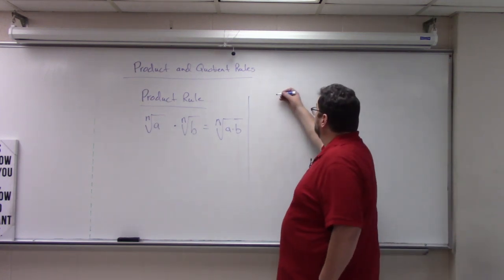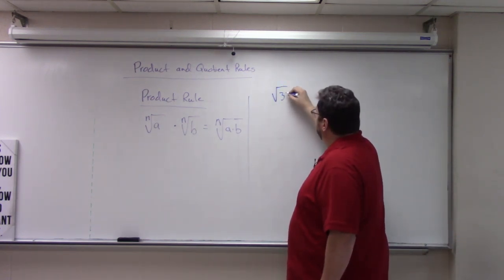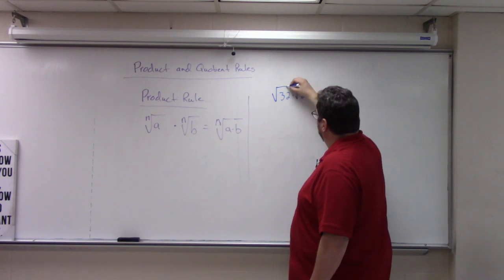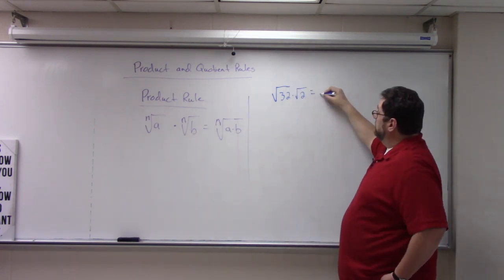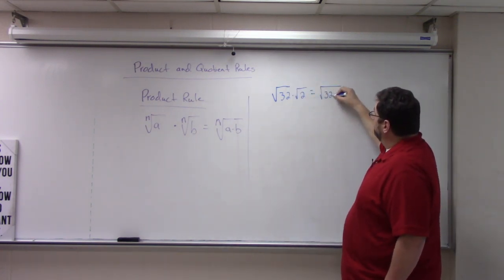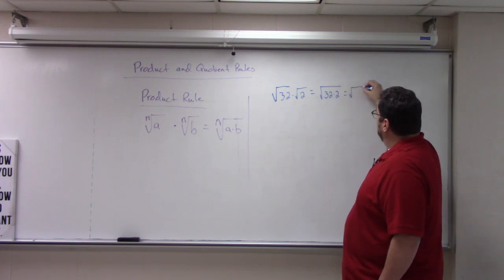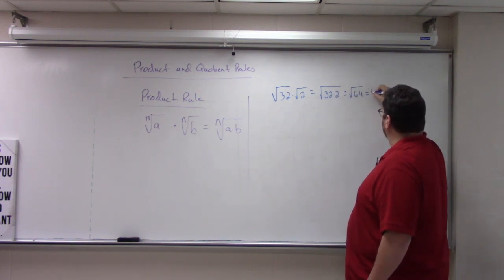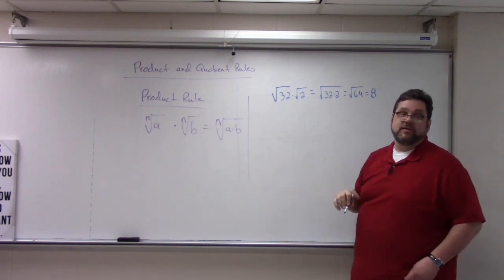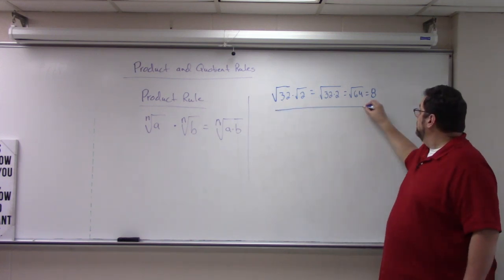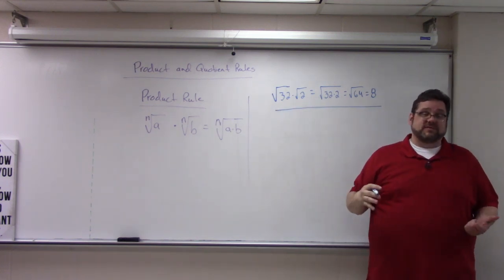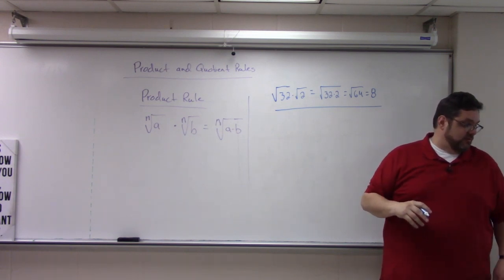So, for instance, the square root of 32 times the square root of 2, that's the square root of, we can multiply under the radical, which is the square root of 64, and the square root of 64 is 8. Okay. As long as it's the same root, we can multiply under the radical.